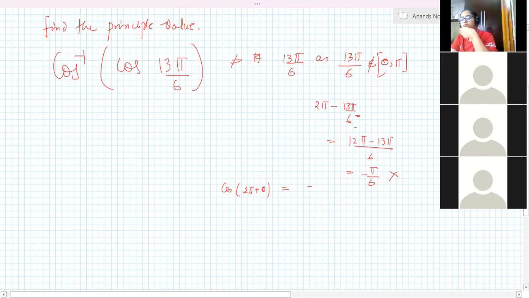That means we have to express 13 pi by 6 as 2 pi plus something. Okay, that means x is equal to 2 pi minus 13 pi by 6. That is minus pi by 6, right?